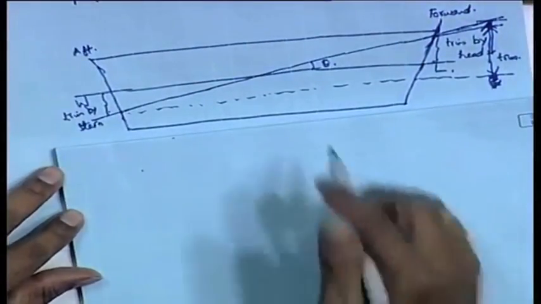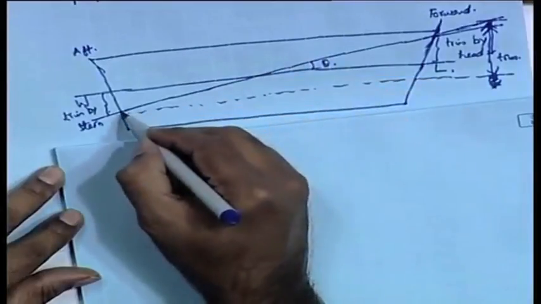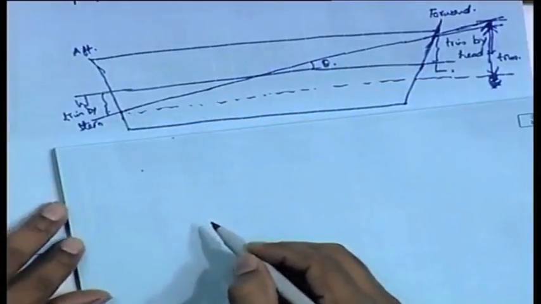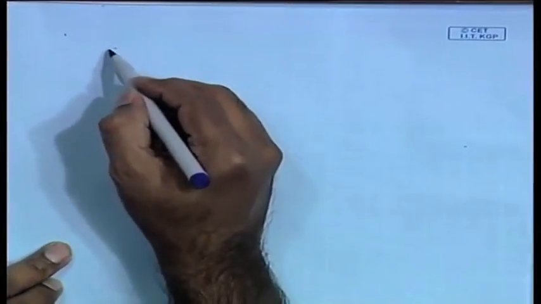Okay. Then this distance, now for our purposes, let us do one thing. Let us consider a rectangular barge, that is a barge with a rectangular shape. This is the rectangular barge.